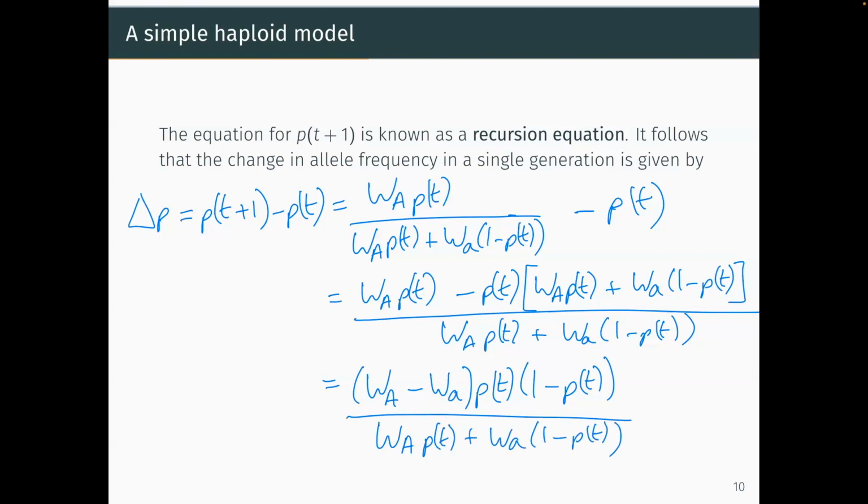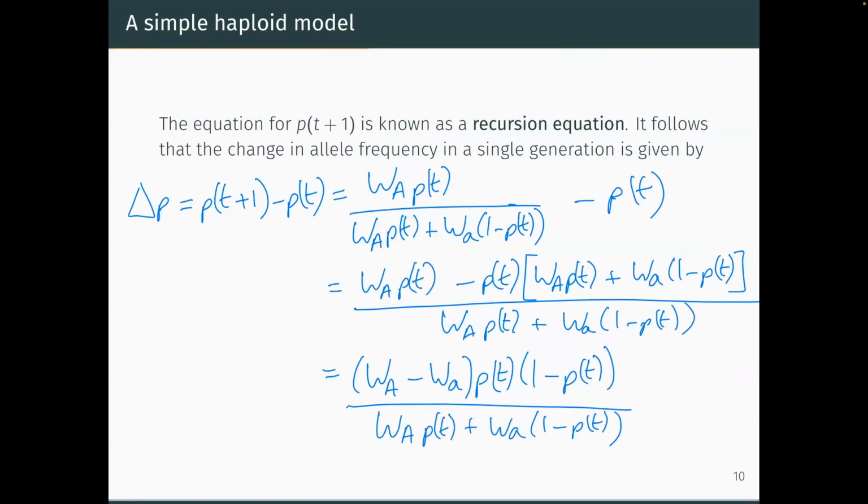Why might we want to write this in this way? Well, it turns out we're going to talk about something called selection coefficients in a moment. But we can see straight away that here, the difference in these absolute fitnesses is going to matter, right? If ultimately this is the change in frequency of allele A. And note that the bottom can't be negative. The P of T and 1 minus P of T also can't be negative.